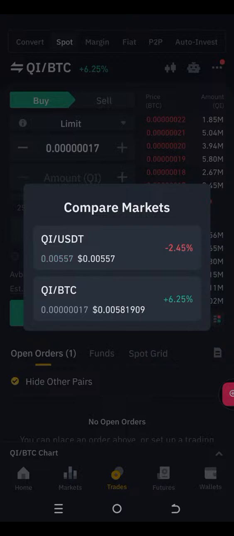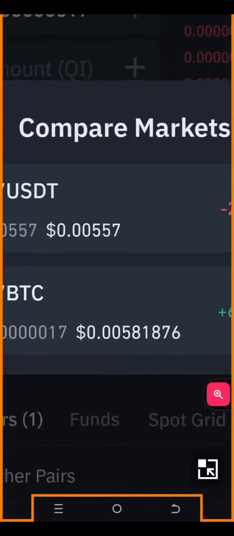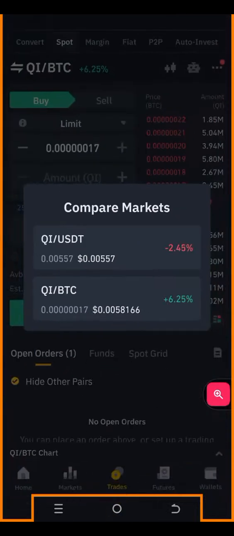Let me magnify this for you. You'll see that QI BTC is 058, while QI USDT is 0055. So obviously we know that the cheaper one is USDT, so we're going to start with that.